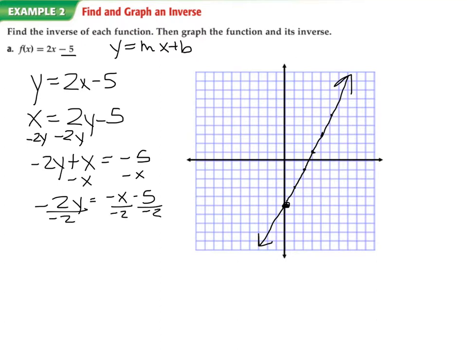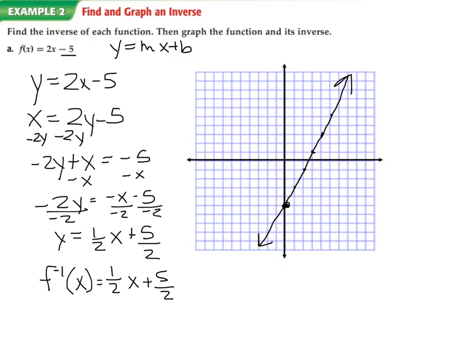So I end up with y equals 1 over 2 x plus 5 over 2. My last step is to replace that y with our inverse notation, f of negative 1 of x. That just means the inverse is equal to 1 over 2 x plus 5 over 2.